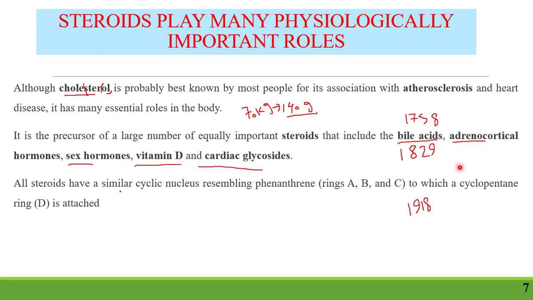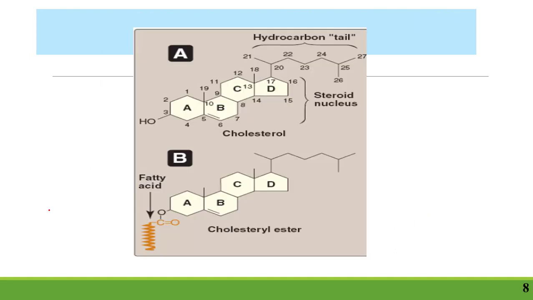All steroids have a similar cyclic nucleus resembling phenanthrene, rings A, B, and C, to which a cyclopentane ring D is attached. Here you can see the main structure of steroids and also cholesterol.